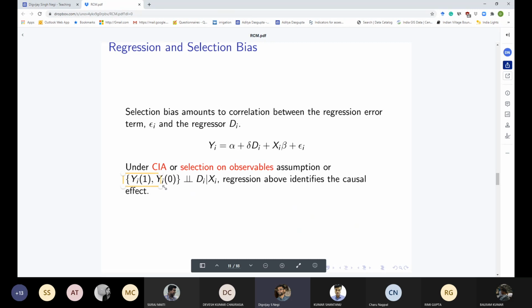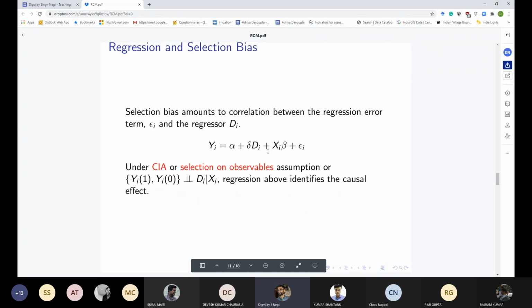So, in the Rubin causal model framework, you can write this assumption like this. You are saying the potential outcomes for each individual i, the potential outcome under treatment and under control, are independent of the treatment status D_i, conditional on the control variables in this vector X. So those can be other things.